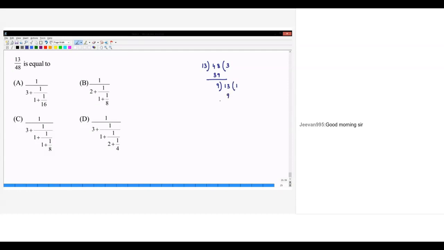Ones are. Twos are. Then fours are. Look at the coefficients: 3, 1, 2, 4. These are the coefficients you'll get.